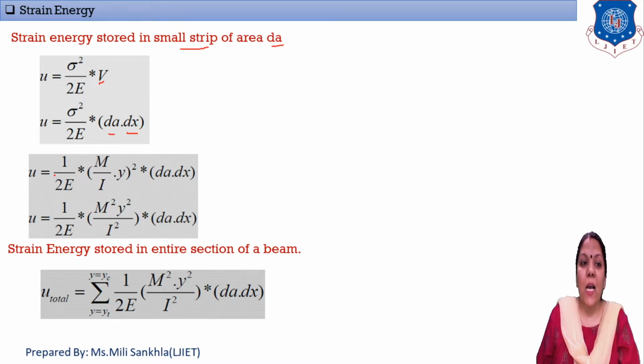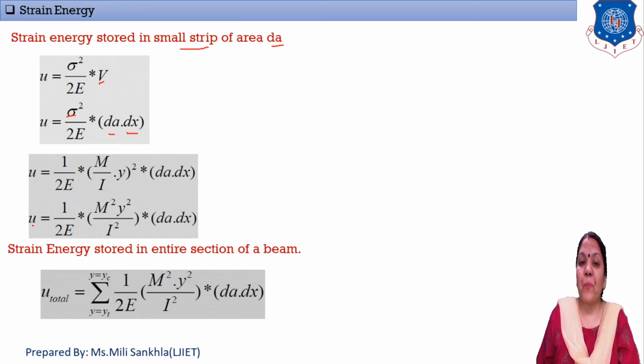Clear? Now U is 1 by 2E, and the value of sigma that we already derived at the start of the first derivation, sigma is equal to M by I into y, squared, dA into dx.